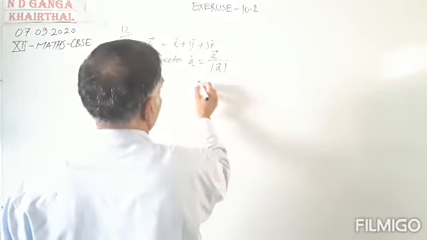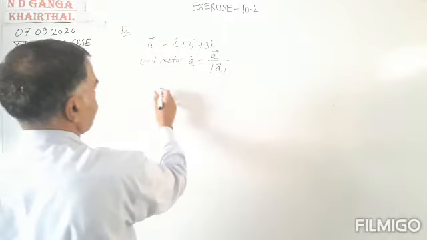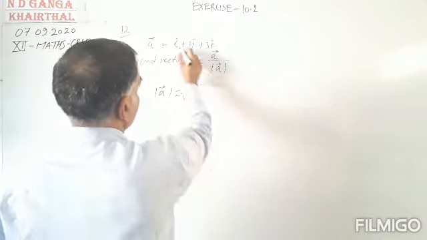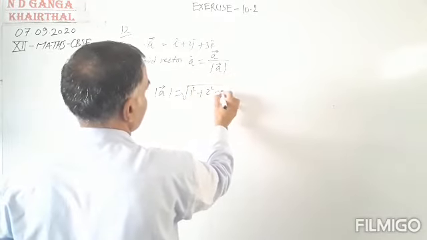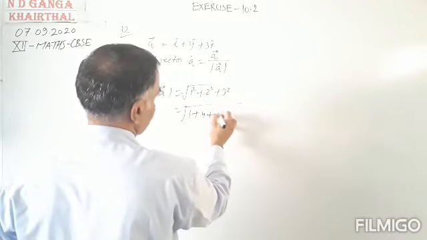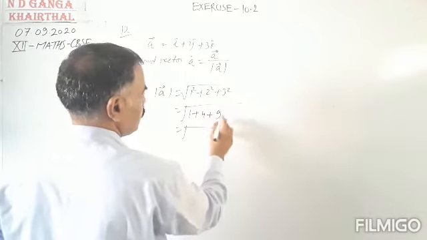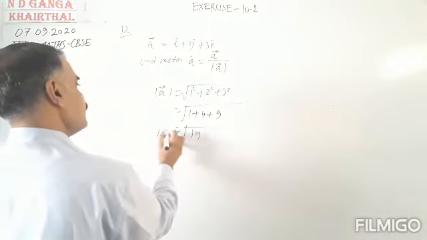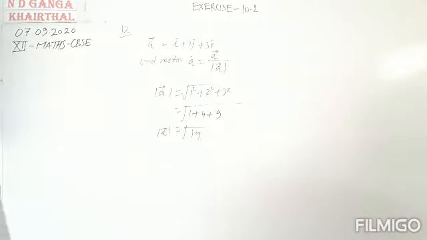So magnitude of a vector is equal to under root 1 square plus 2 square plus 3 square, and this is equal to under root 1 plus 4 plus 9, that is 14, so under root 14. So magnitude of a vector is under root 14.